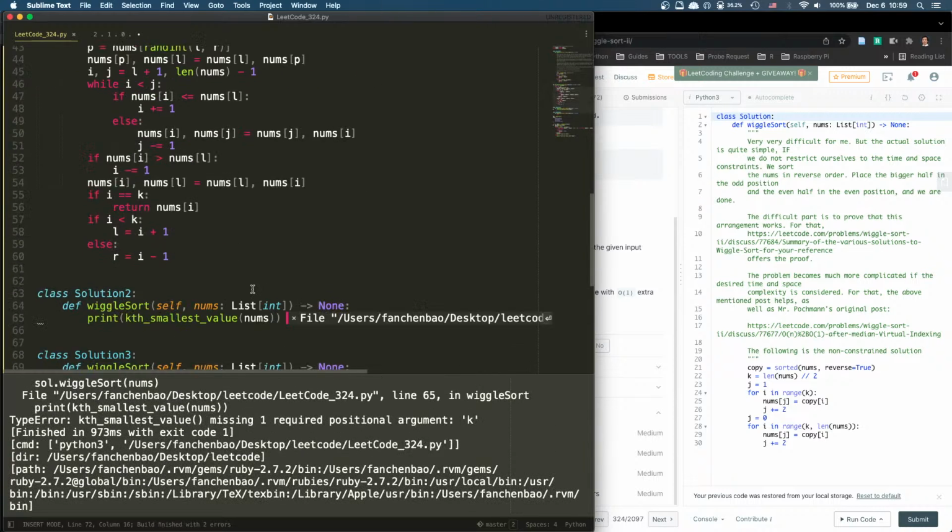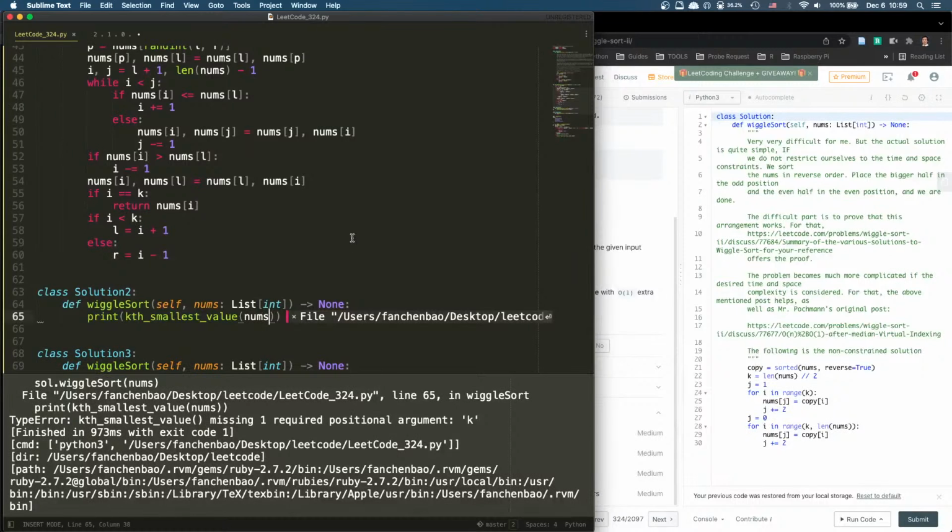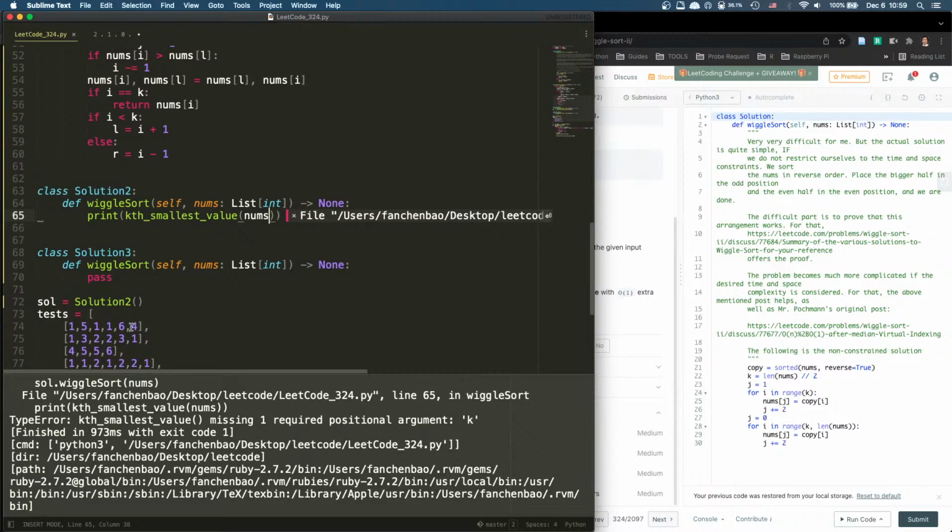Missing one position. Oh, we forgot a k. So the kth. This is 1, 2, 3, 4, 5, 6. That's 6 values. So it's the third: 0th, 1st, 2nd, and 3rd. So which one? I think we need to find the length divided by 2.